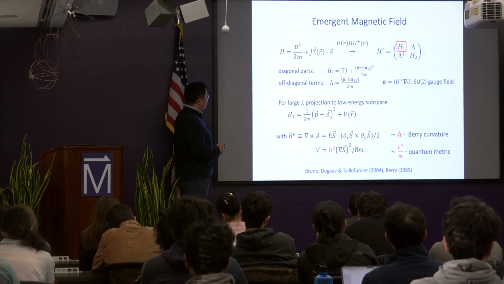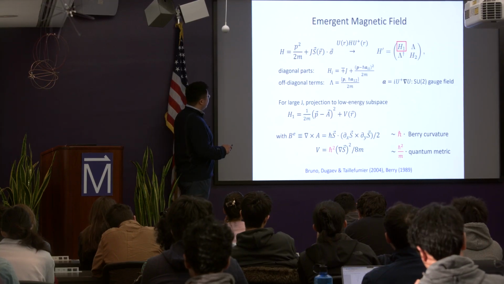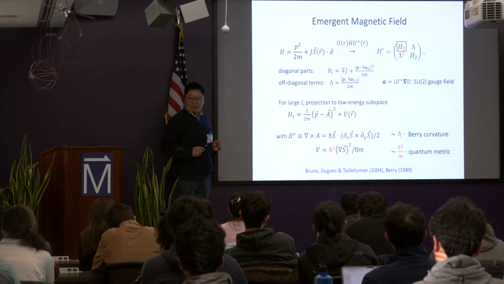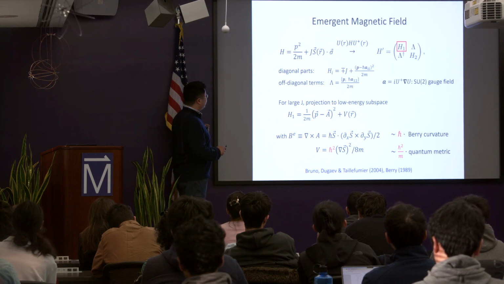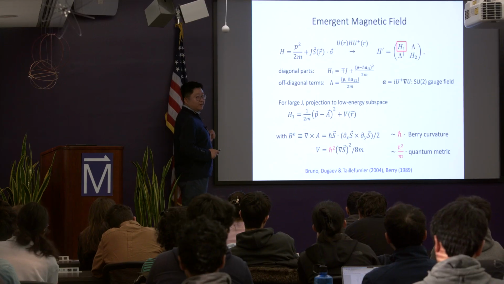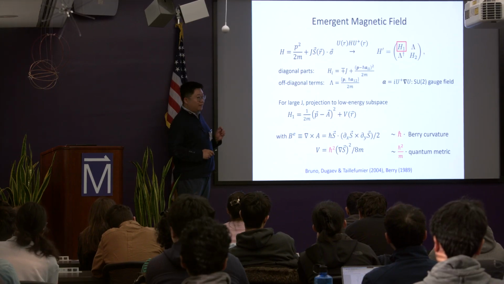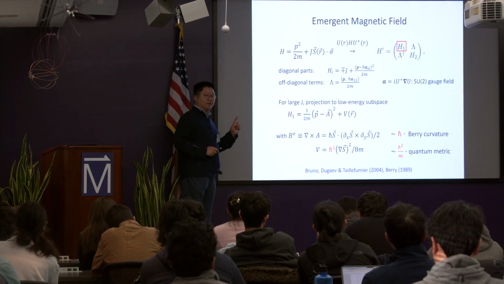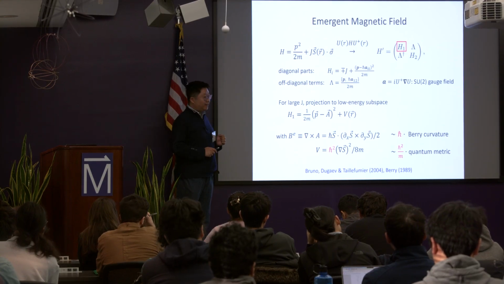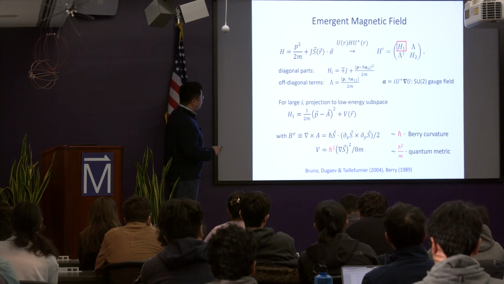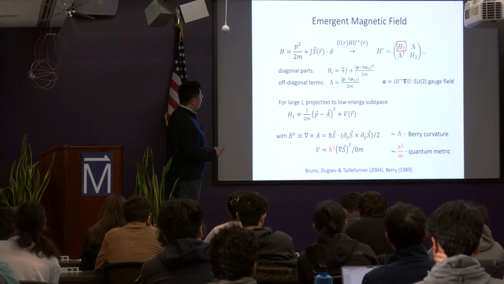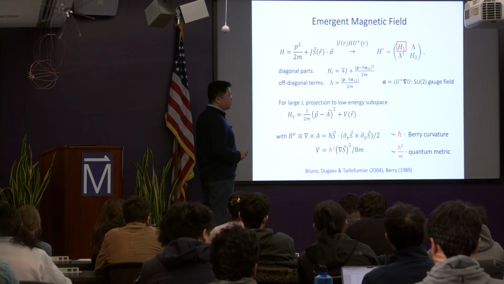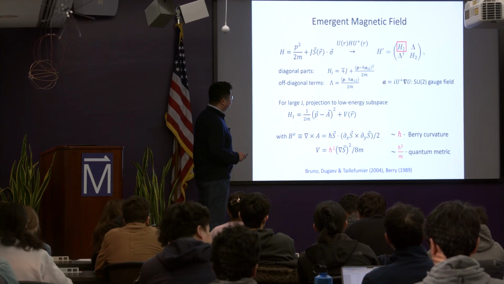Now, when this exchange coupling J is very large, the particle's spin is locally locked to the background Zeeman field. And in this case, it's useful to do a spatially dependent unitary rotation that rotates the electron spin into the local Zeeman axis. After this exact transformation, one can derive a new Hamiltonian that is completely equivalent to the original one with the same energy spectrum.